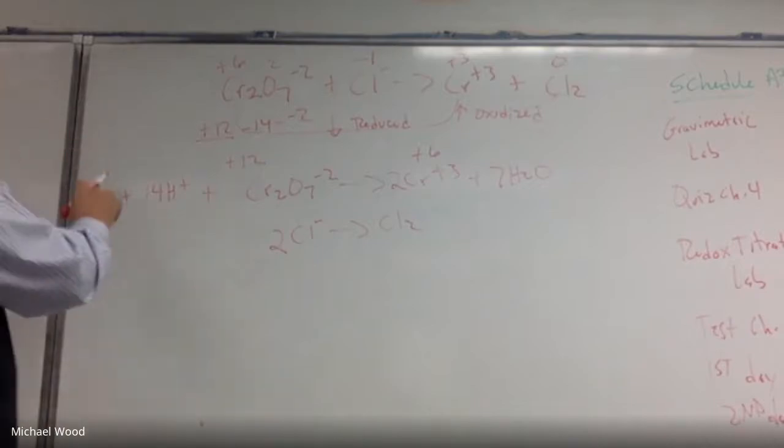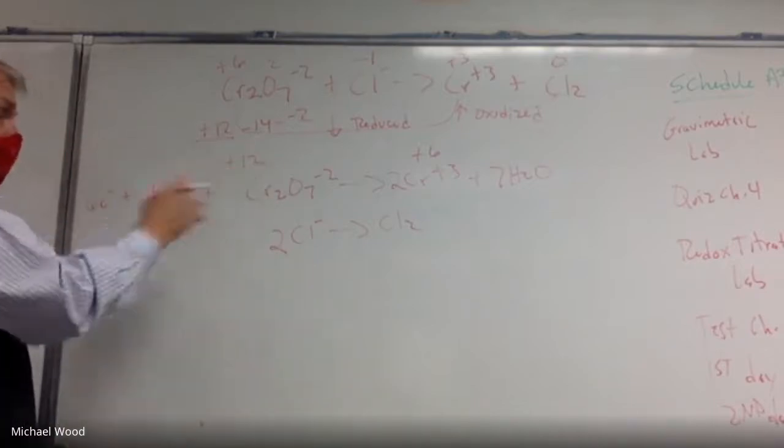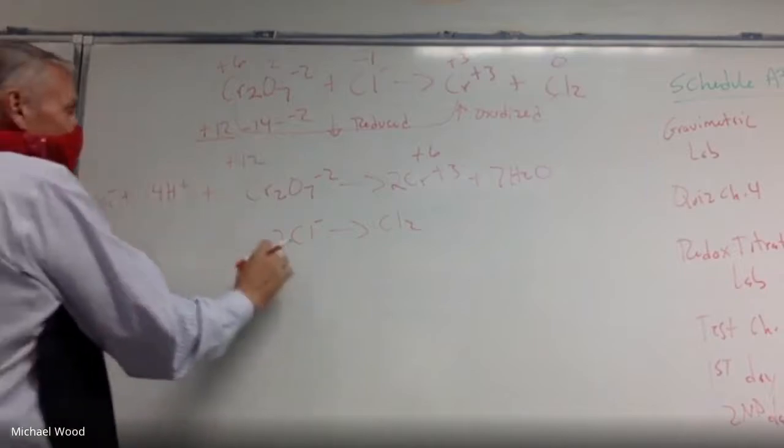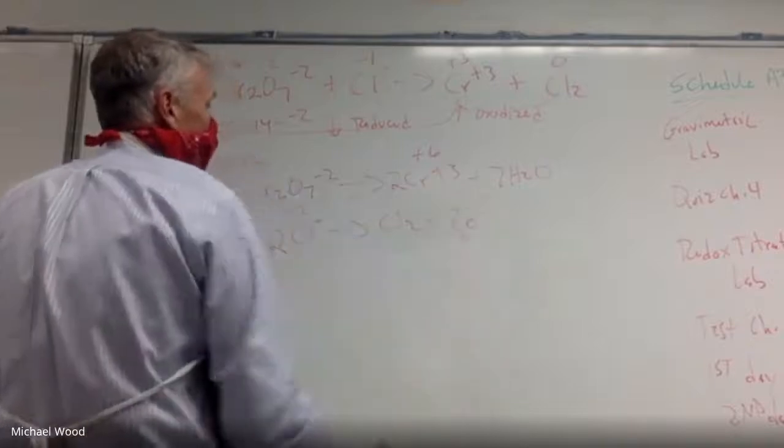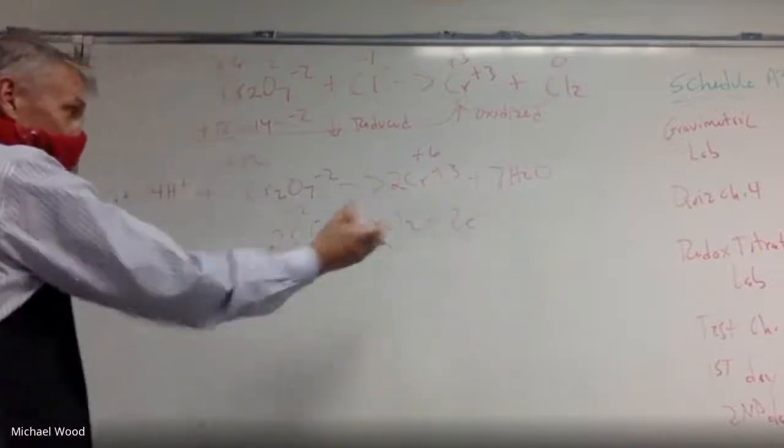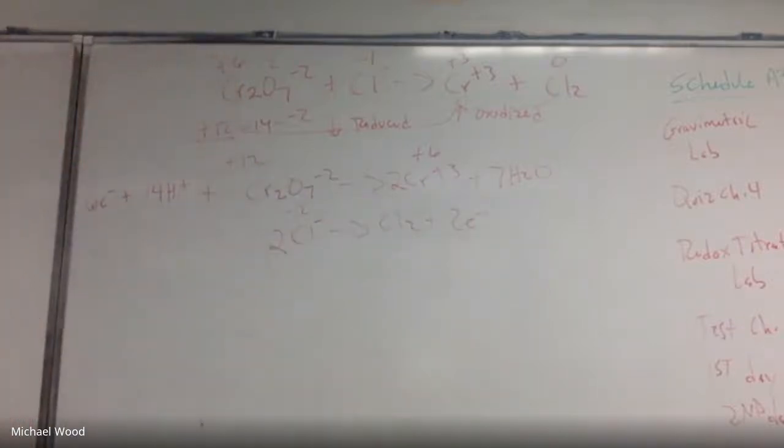Okay, and this goes along with reduction. Remember, oil rig, reduction is gain. Now here, on this one, I have negative 2, so I'm going to have to put 2 electrons there. That's oxidation. So I balance the charge with electrons. Now I want to get the electrons equal because I want the electrons to cancel out.